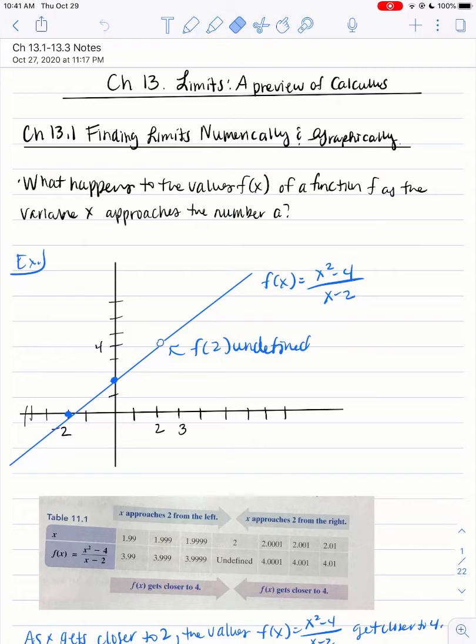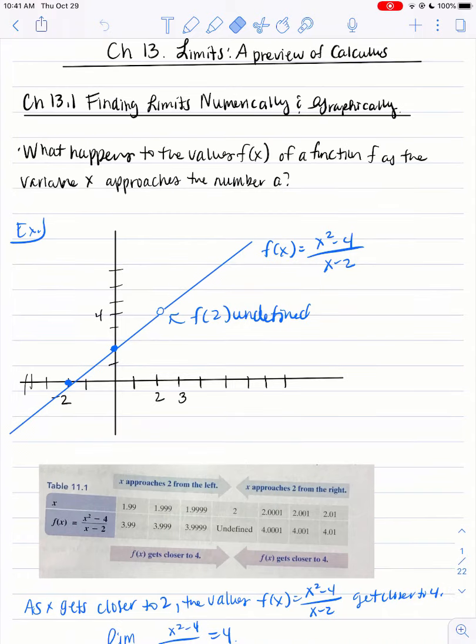Alright, so in this image, we want to see what happens to the value f of x of a function f as the value x approaches the number a. In this case, our a is 2.